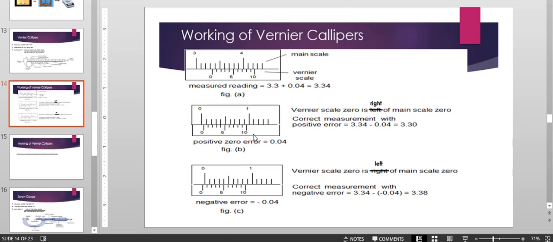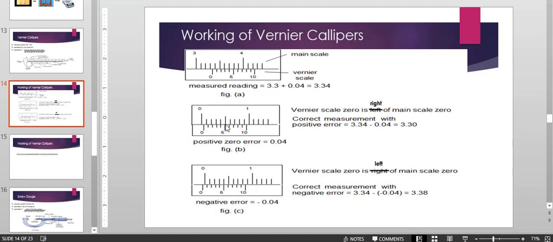After this, find out which line of the vernier scale is in direct contact with any line of the main scale. Suppose it's the fourth line which is in contact with a line on the main scale. This 4 is only a number.